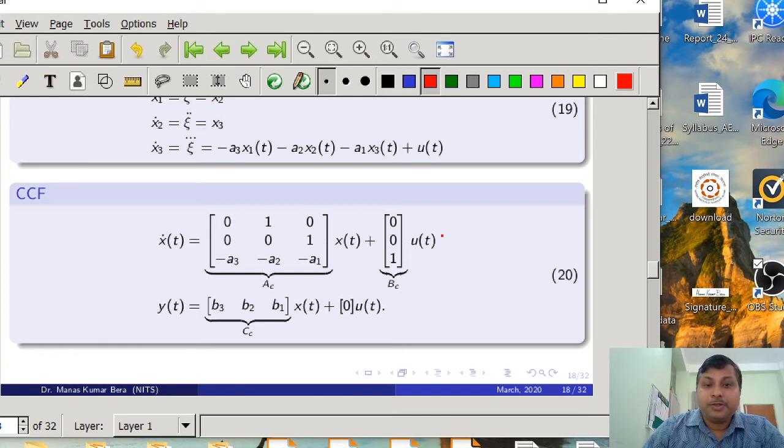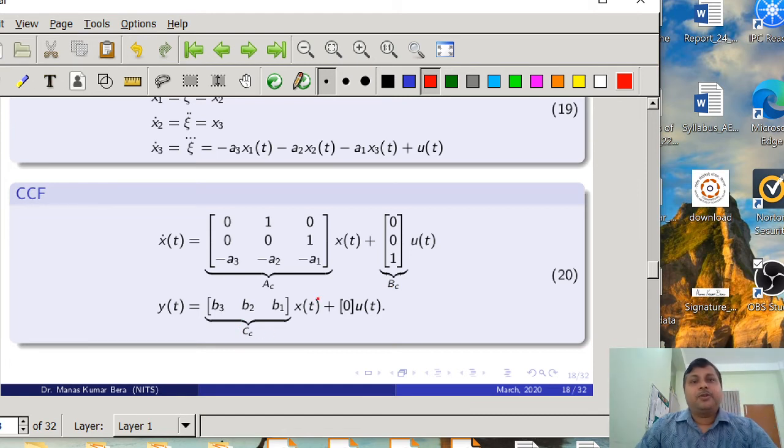So this is 1 into U. Now here we have assumed that this matrix is called AC, the controllability or controller canonical form, that A matrix is represented by AC, this is BC, and this is CC.